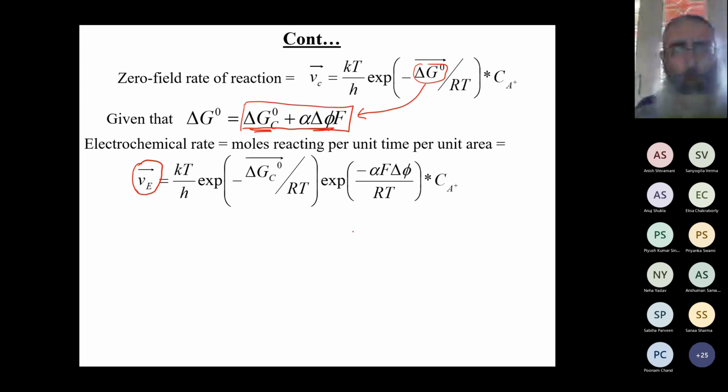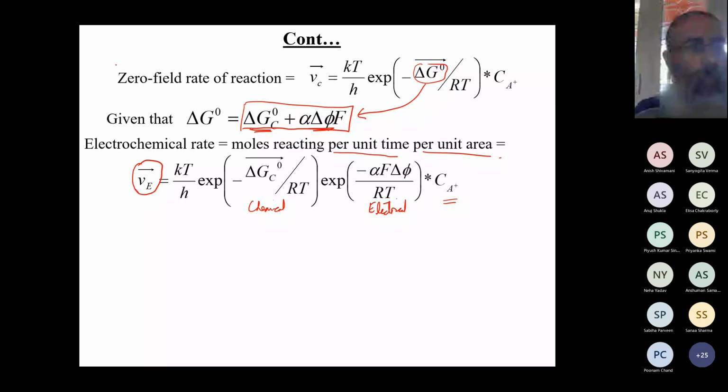So nu E is equal to a chemical term plus an electrical term, both sitting in the exponential, and then multiplied by the concentration of A plus.